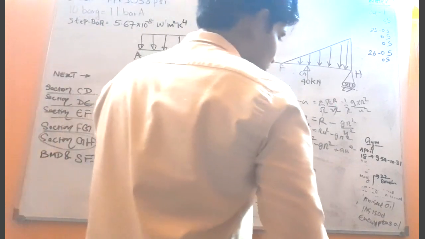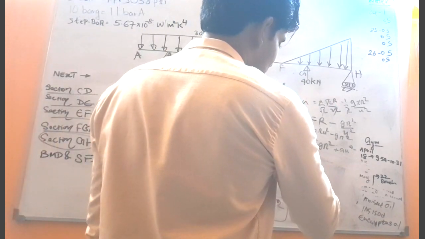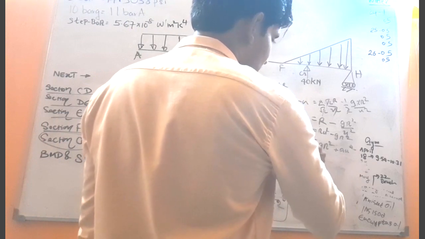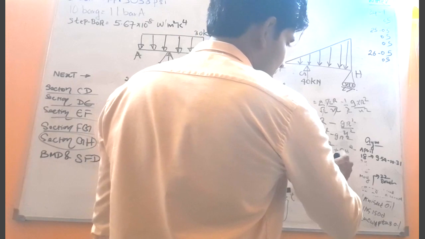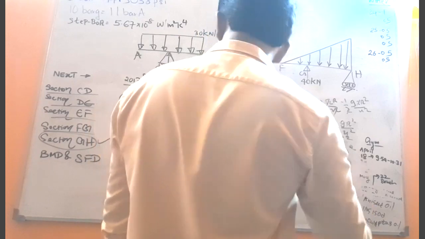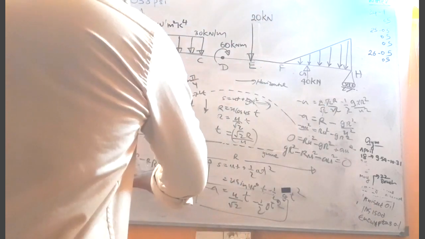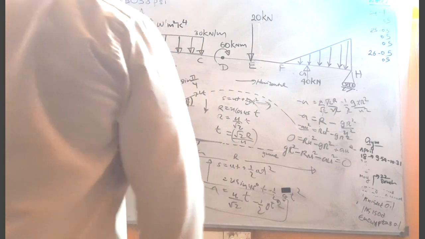So it will be g r squared, minus u squared r, minus u squared a, equals 0.